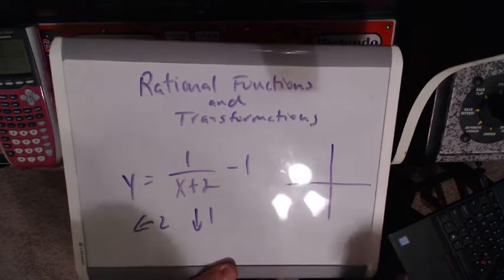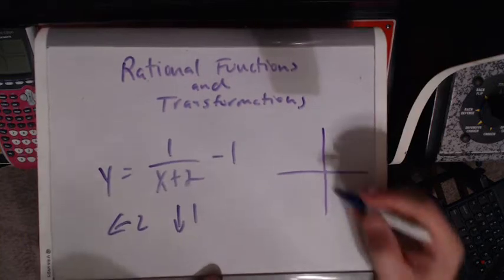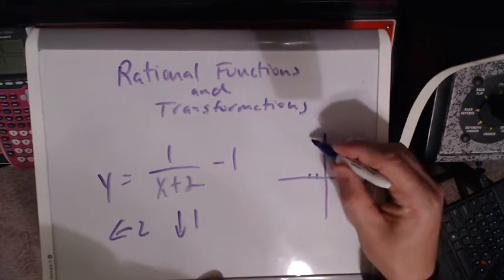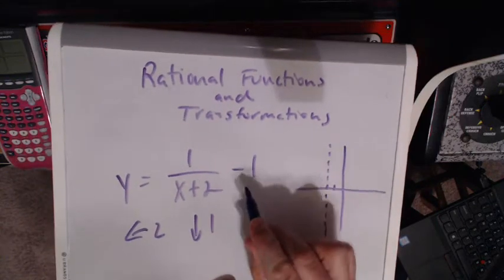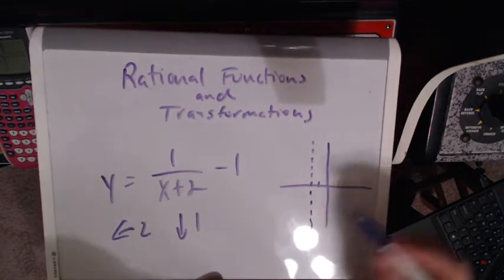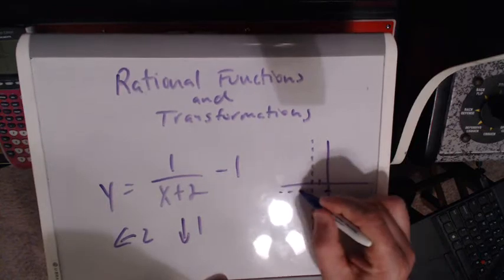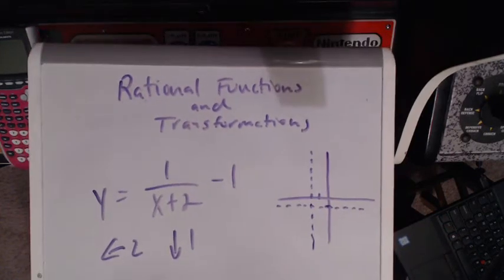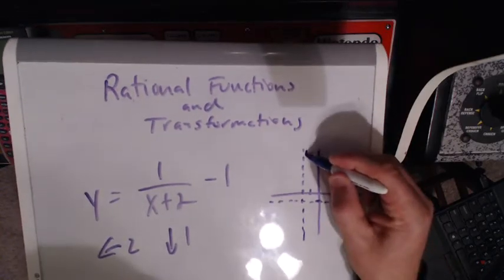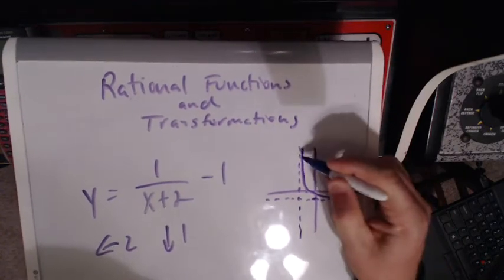I know that the vertical asymptote will be at -2, and the horizontal asymptote will be at -1. So if I just go -1 like that, that's what it's going to look like. And a general graph of it would look like this right here.